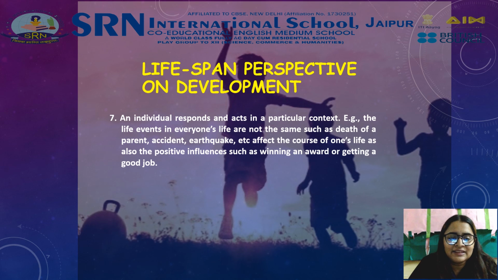So we can see that how an individual responds and acts is based on a particular context. That means positive life events can make us positive and influence us positively, and negative life events can also influence us negatively. I hope that you have understood all these topics.